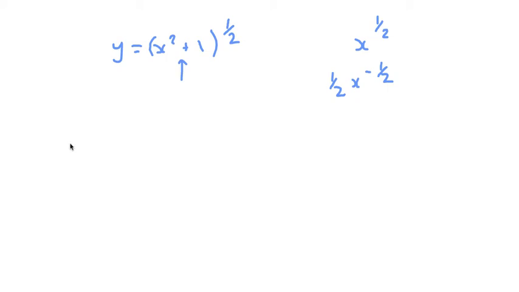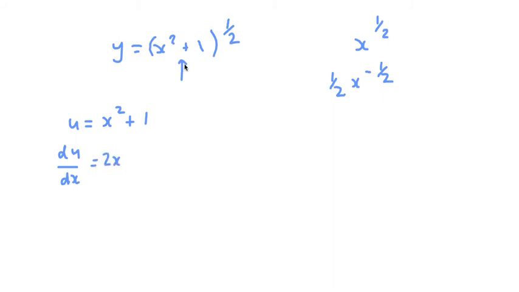The way we do that, there's a couple of ways, but one way is to call what's inside, x squared plus 1, u. So u is x squared plus 1, and then differentiate it, so du by dx is 2x.